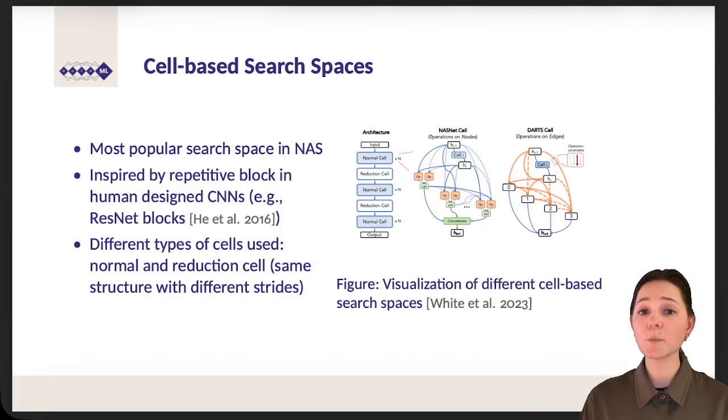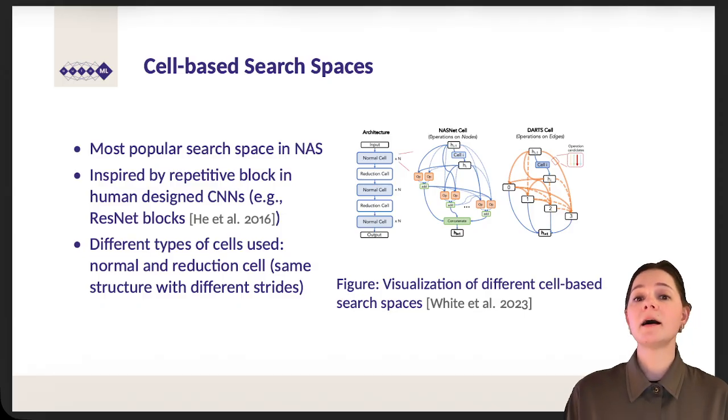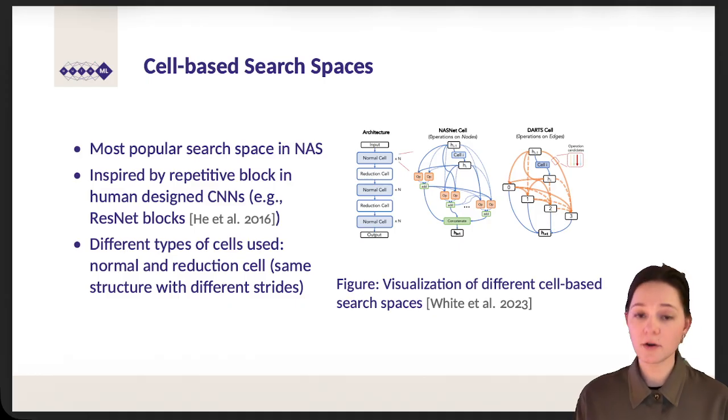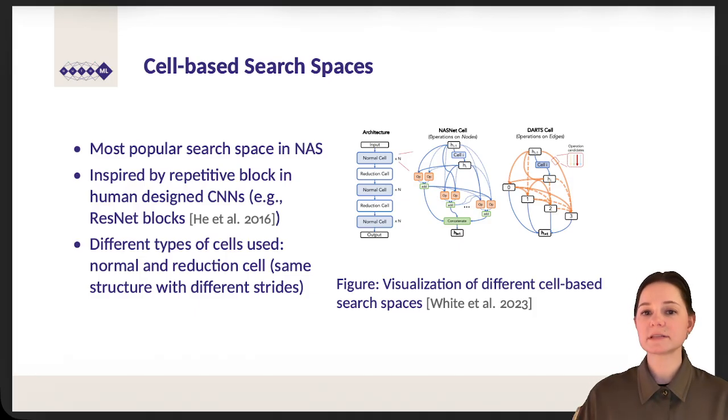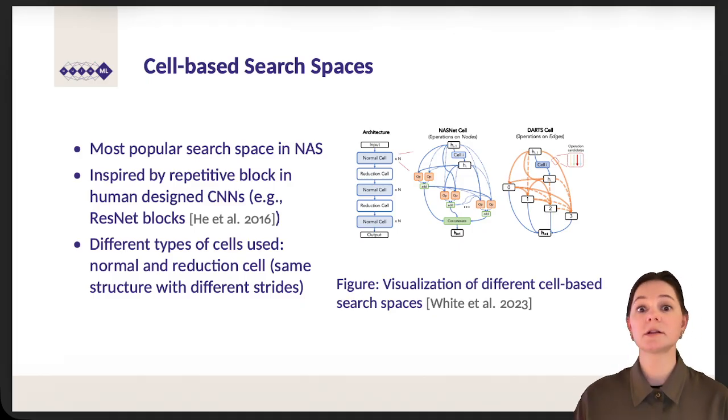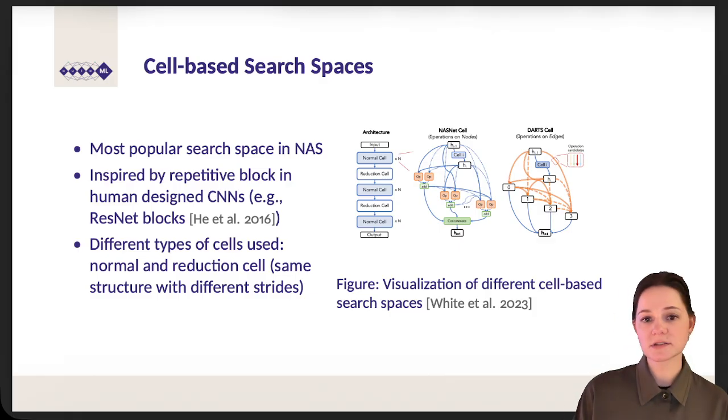So what we do here is we design a macro architecture here on the left hand side of the image, where we have the fixed input and we have the fixed amount of normal cell stacking, a reduction cell, normal cell stacking, reduction cell, normal cell stacking, which is then the output. And the only thing we search within are the normal cells, for example.